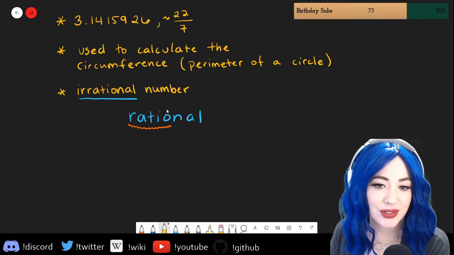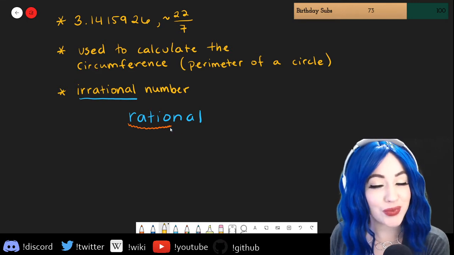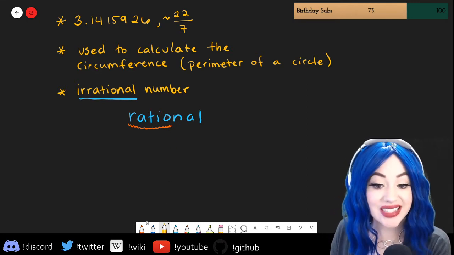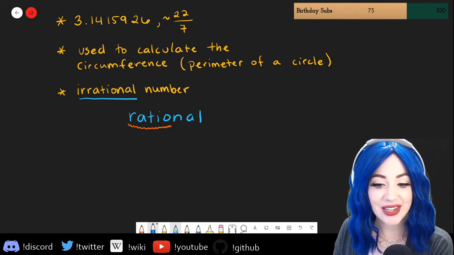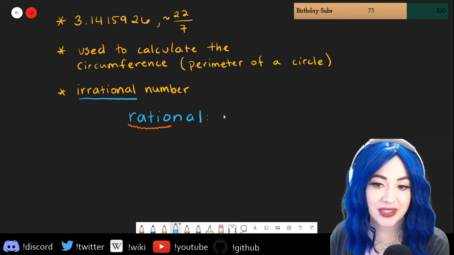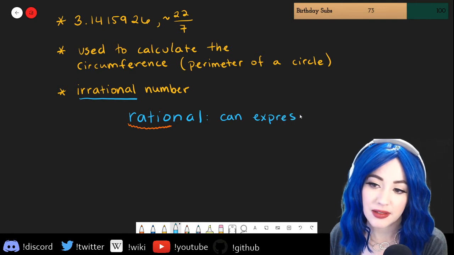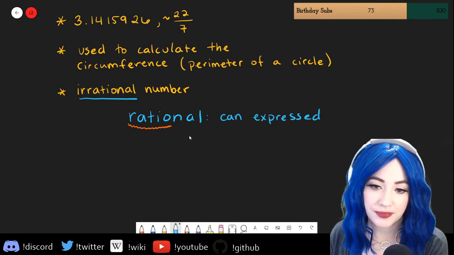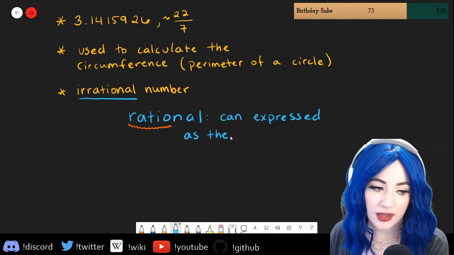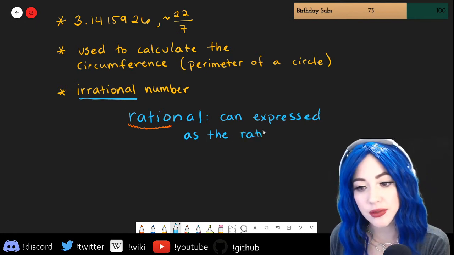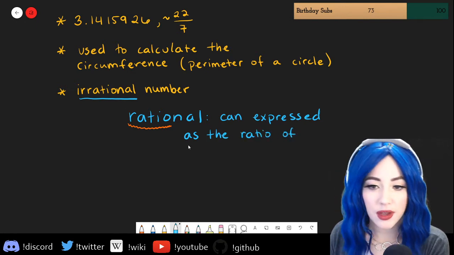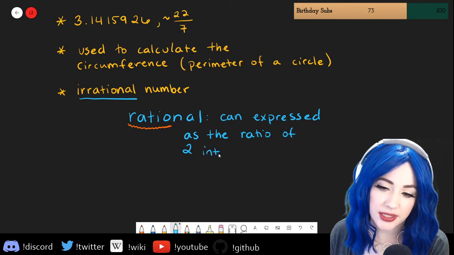And the root of rational is ratio, okay? And that's the key to understanding what a rational number is: it can be expressed as the ratio of two integers.